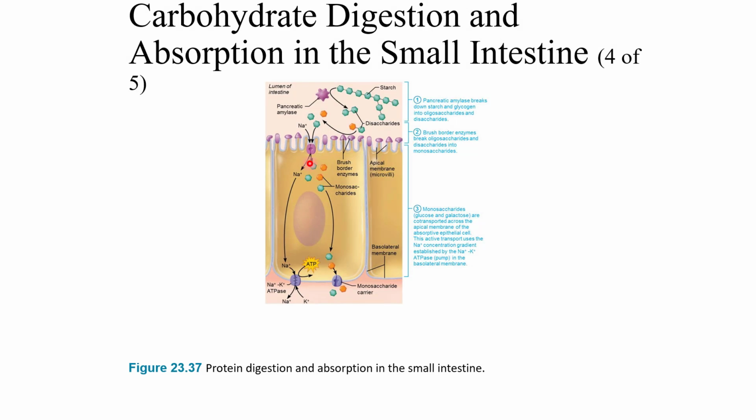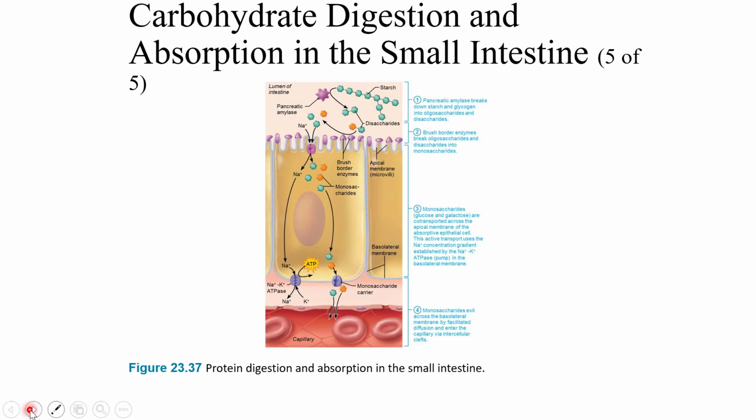And finally, those monosaccharides will travel inside the cell, crossing the basolateral membrane, and they're going to be transported by way of active transport right there. And then they get to be absorbed into the blood.